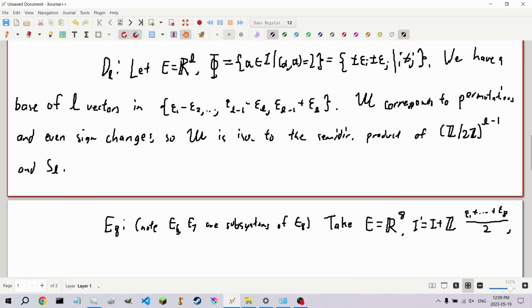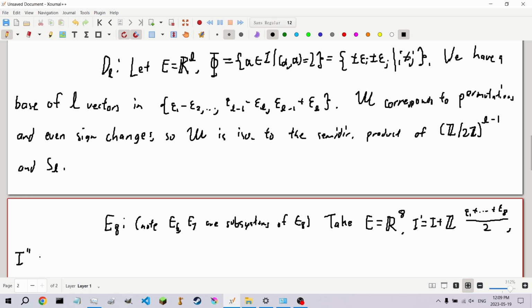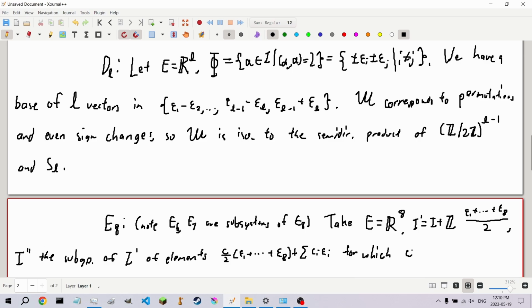And then I double prime be the subgroup of I prime of elements of the form c over 2 of epsilon 1 summed through epsilon 8 plus the sum of some ci epsilon i, so plus epsilon i all multiplied by coefficients, for which c plus the sum of our ci is an even integer.